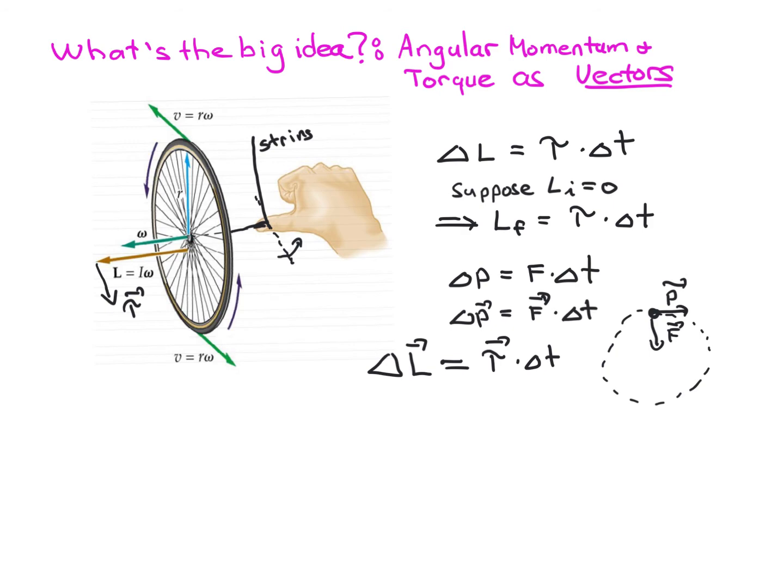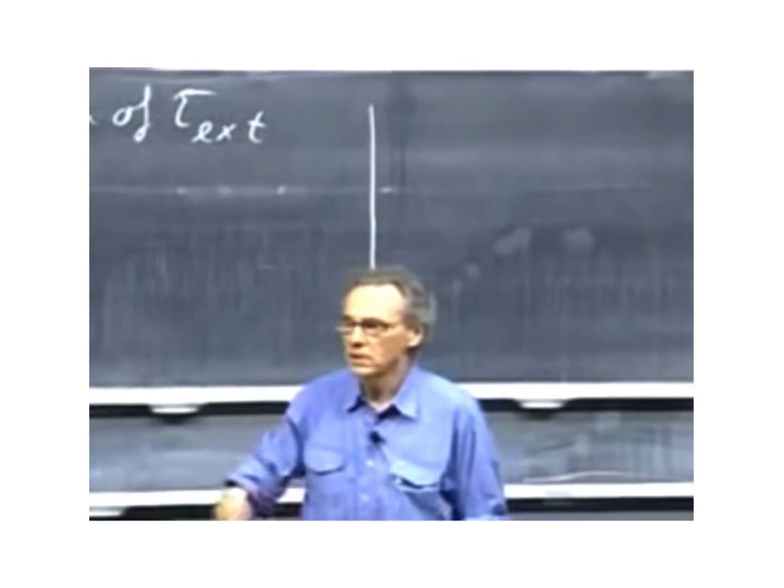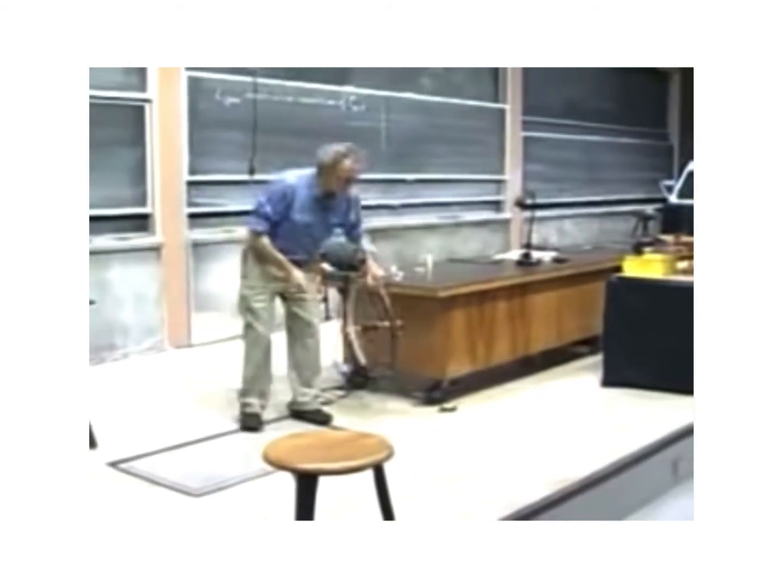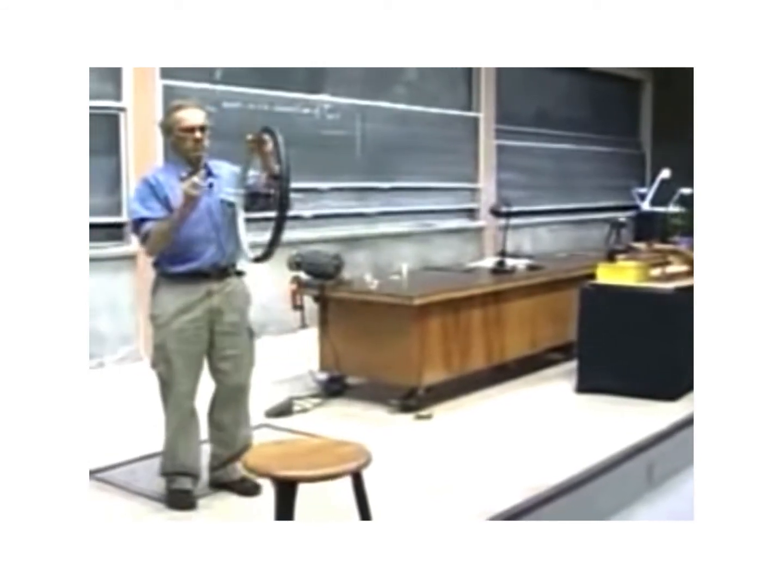So let's see that happening with the following video, which comes again courtesy of our good friends at the MIT physics department. Suppose I have here a string, a rope, like we have there. And I attach to the rope this wheel, just like so.